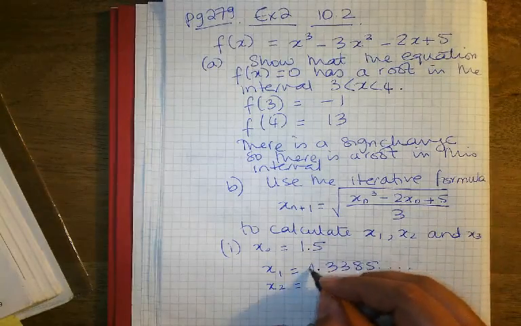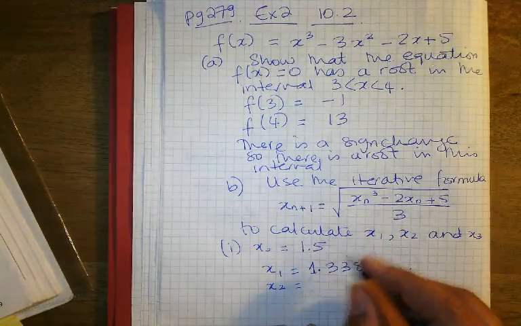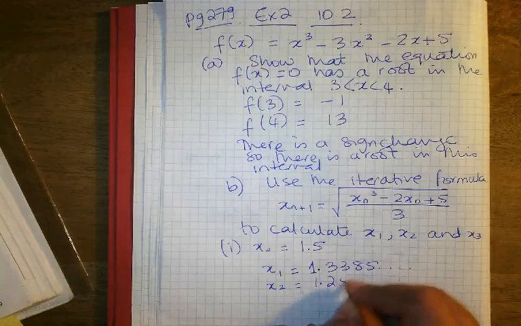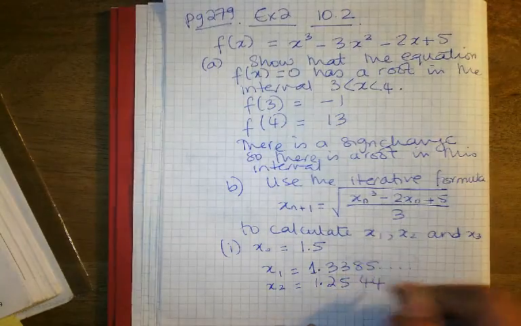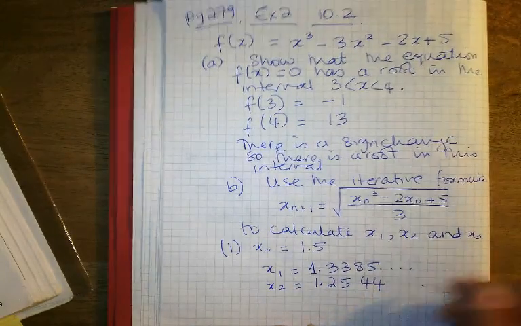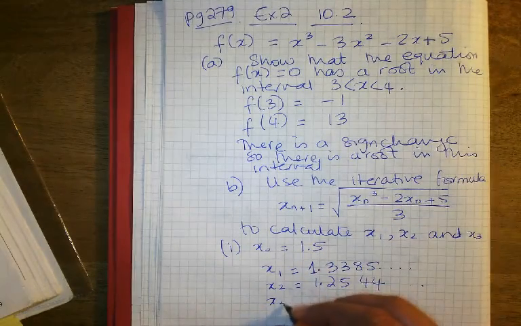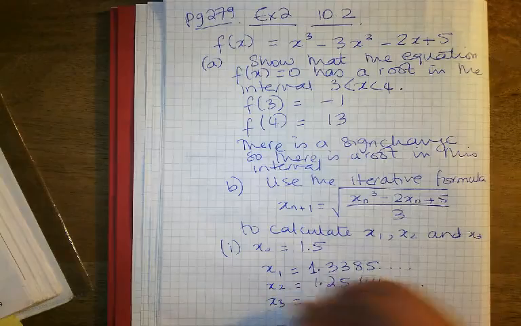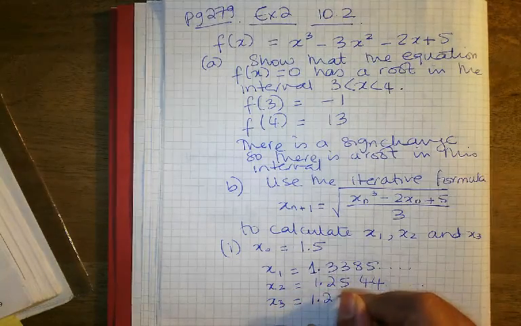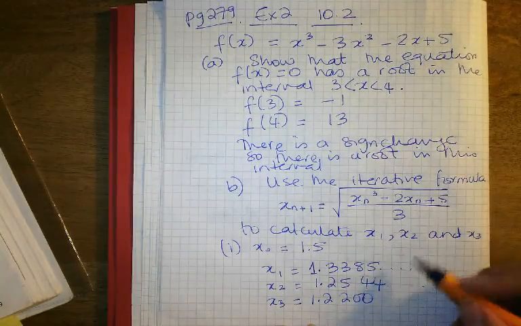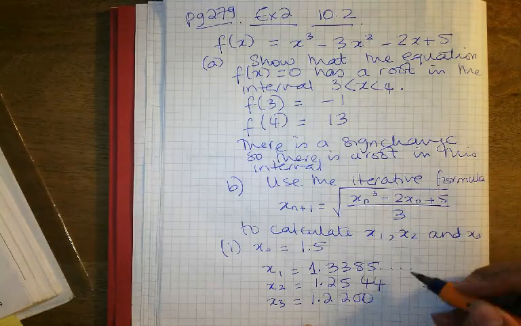Okay, so use your answer button to do this, and you will get 1.2544. Don't round this off. Substitute this entire thing as your answer into this formula and you will get x3, which will be 1.2200. As you can see, our values are converging.